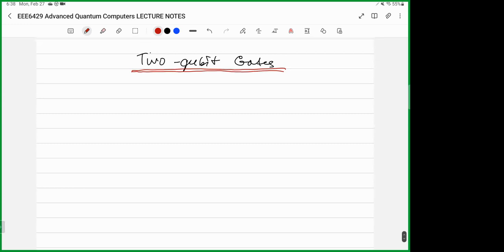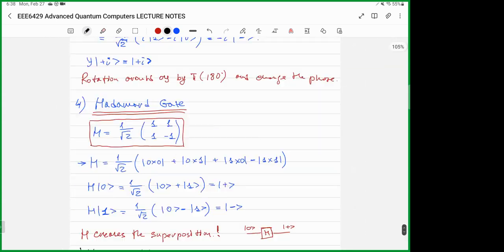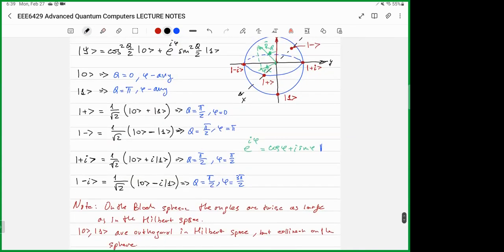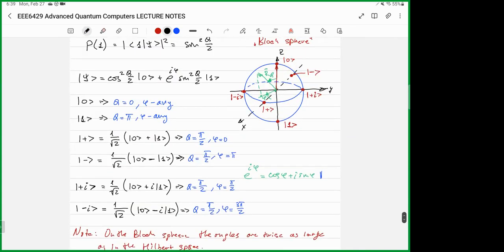And the 2-qubit gate, it is a gate that acts on a system of 2 qubits, right? So now we have to recall what we discussed last time, last lecture about multi-qubit systems.